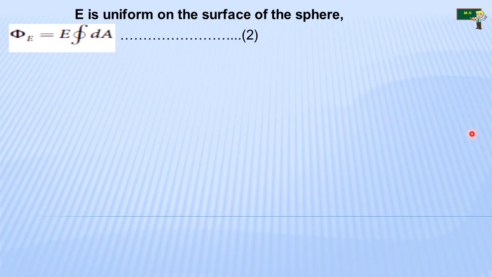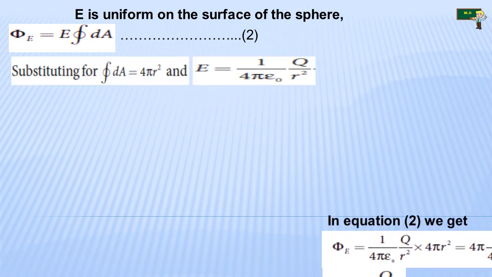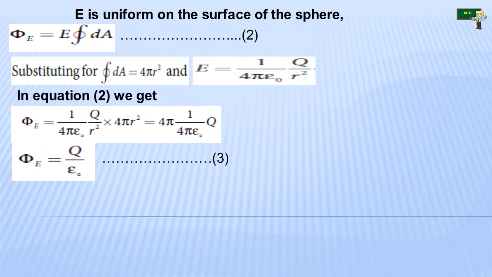Altogether, if you consider the whole surface, the E value is uniform on the full sphere, as I explained in the equipotential surface already. Then phi E is equal to E; we can take E outside of the integral, and we have to integrate only dA. This is equation number 2.